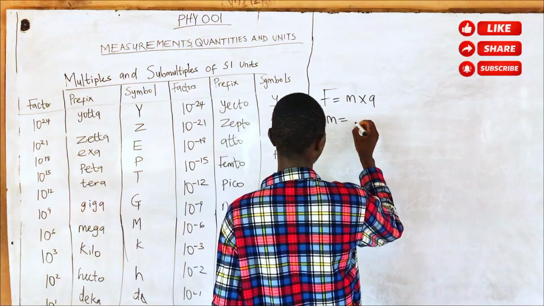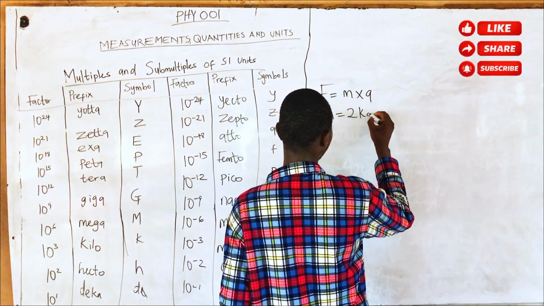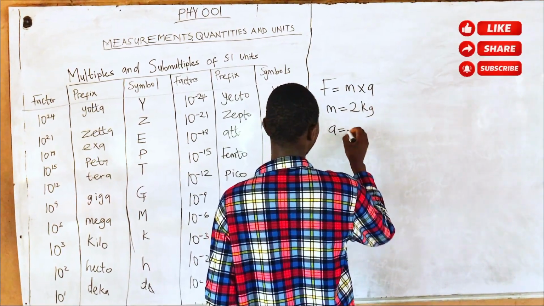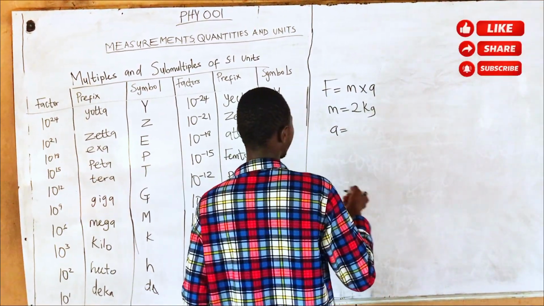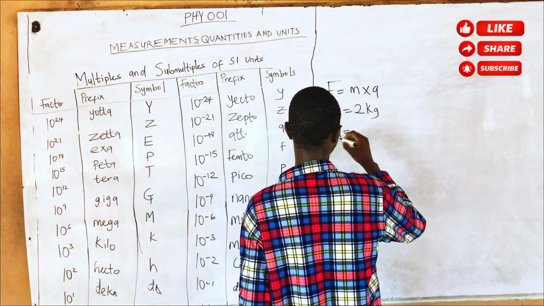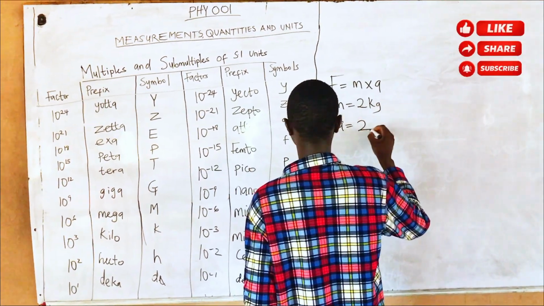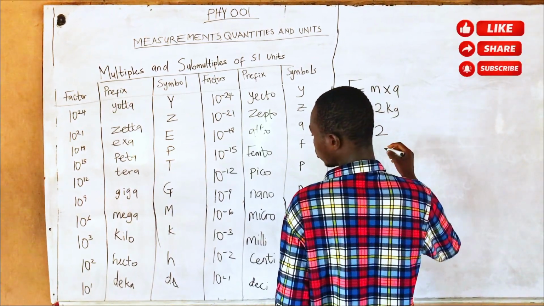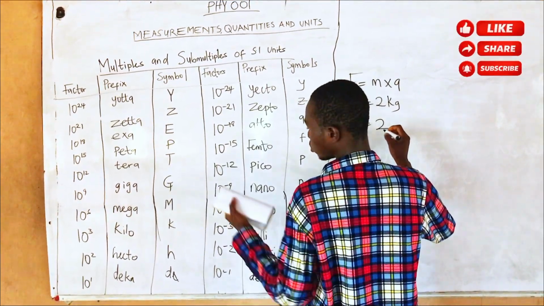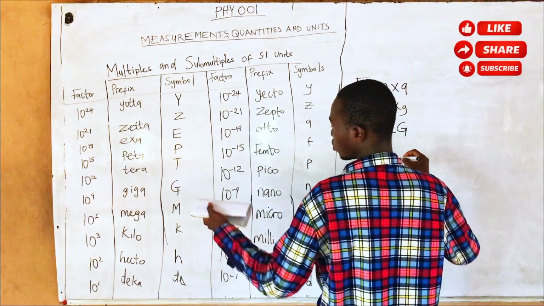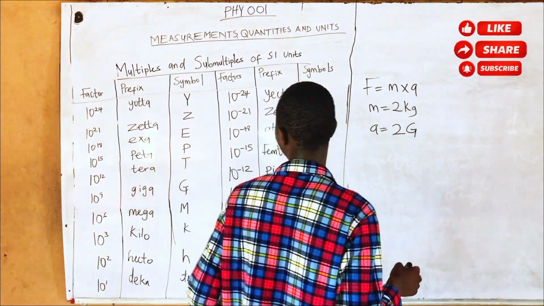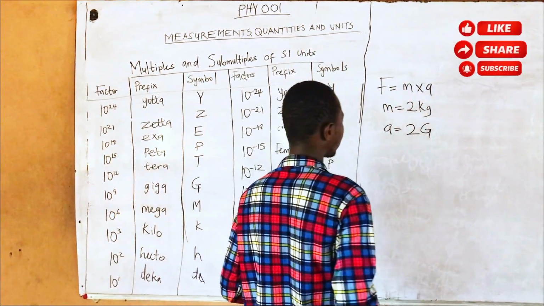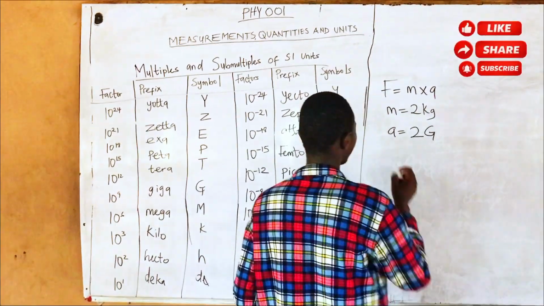Your mass, you are given 2 kg, and your acceleration, you can be given that your acceleration is, let me say, 2, let me use giga. This one, right? And you're asked to find the force.